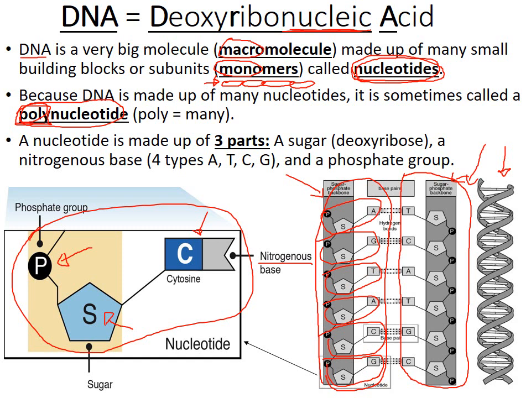What I want you to get is that if you analyze the nucleotide, just zoom into it again, we have our phosphate group, sugar, and our base over here. There are 4 different types of nucleotides in DNA, and they're determined by the base that you have, the nitrogenous base. And they're characterized by a letter. So I could have C, I could have G, I could have T, I could have A. T, C, G. And it's these letters that are actually the codes in your genes, in your DNA.